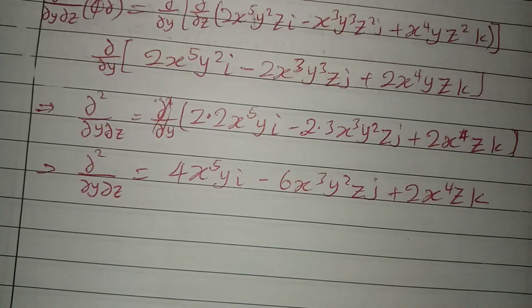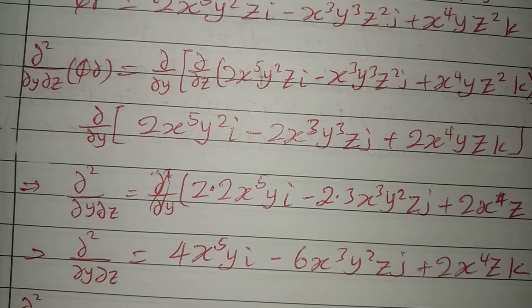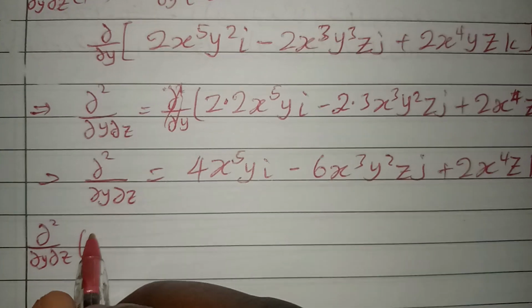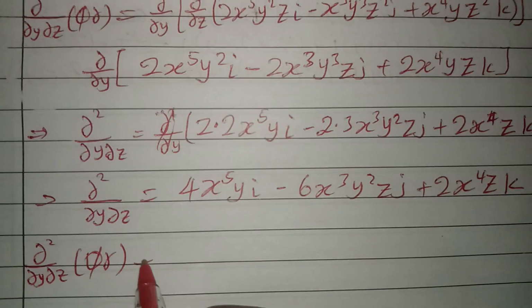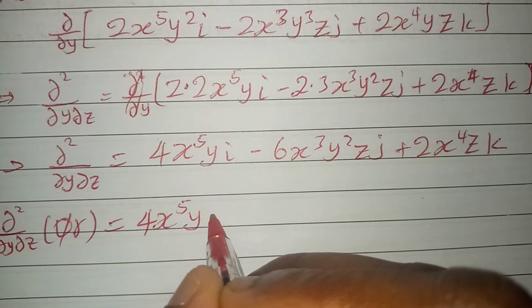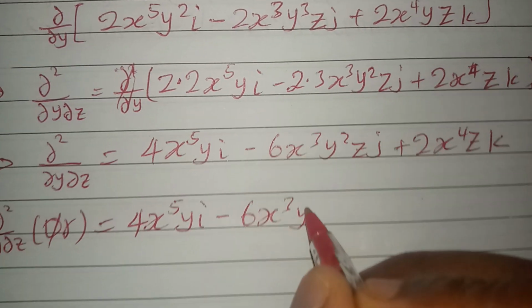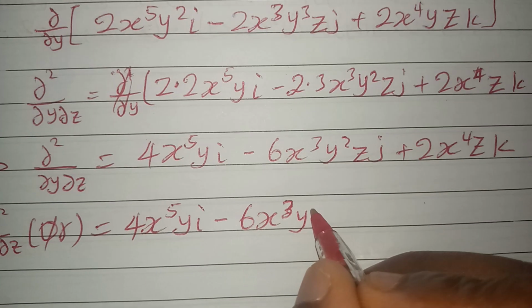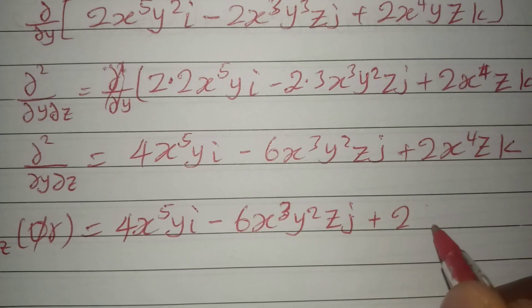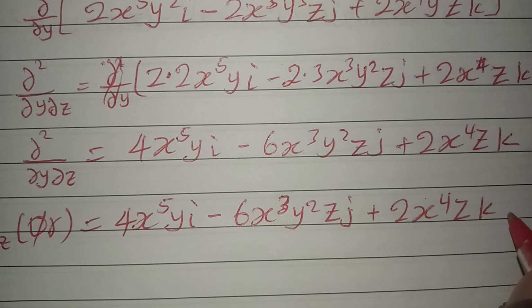So finally our answer to this particular question is ∂² over ∂y ∂z of phi r is equal to 4x exponent 5 y i minus 6x cubed y squared z j plus 2x exponent 4 z k.